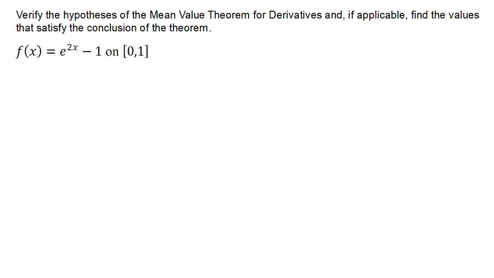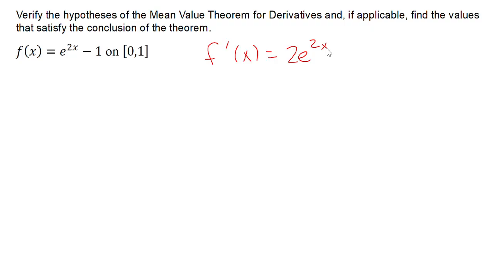For our last one here, we're just going to, again, do the same thing. Exponential functions are always continuous, and exponential functions should always be differentiable. So we'll take the derivative here just to look. F prime of x, though, is going to be 2e to the 2x, right? That always exists.